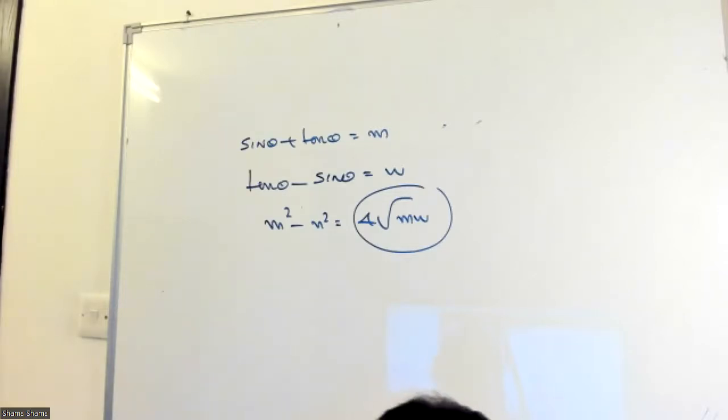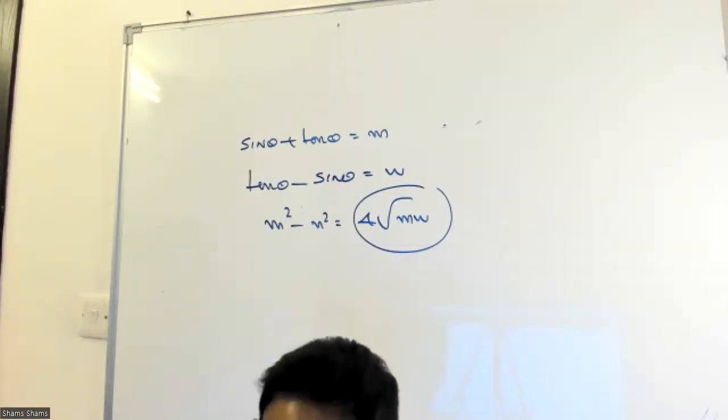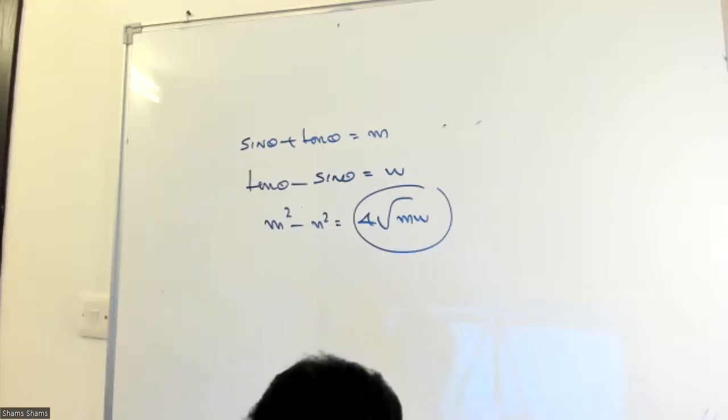Okay, well, wait. LHS, simple. Listen. A plus B whole square, A minus B whole square, then add it, you'll get LHS, something with the 4.